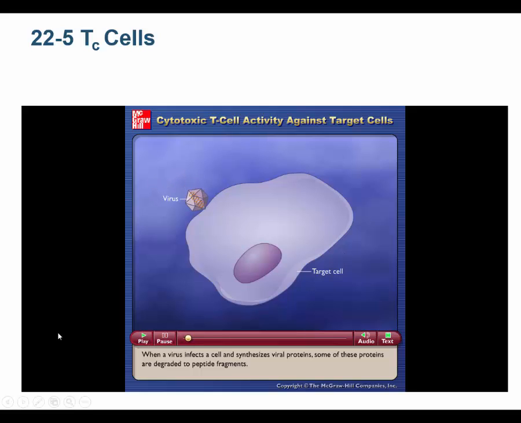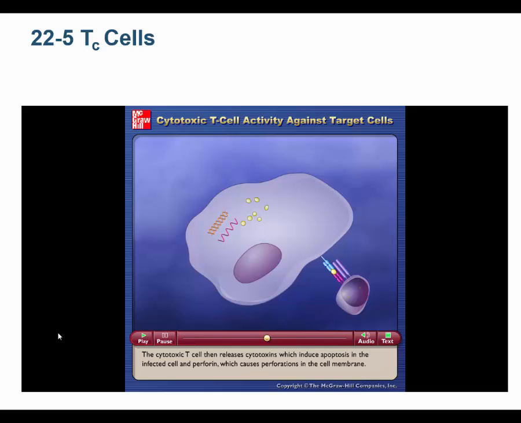When a virus infects a cell and synthesizes viral proteins, some of these proteins are degraded to peptide fragments. These peptide fragments are complexed with class 1 MHCs and displayed on the surface of the infected cell. Cytotoxic T cells interact with the virus-infected cells by recognizing both the viral antigen and the class 1 MHC.